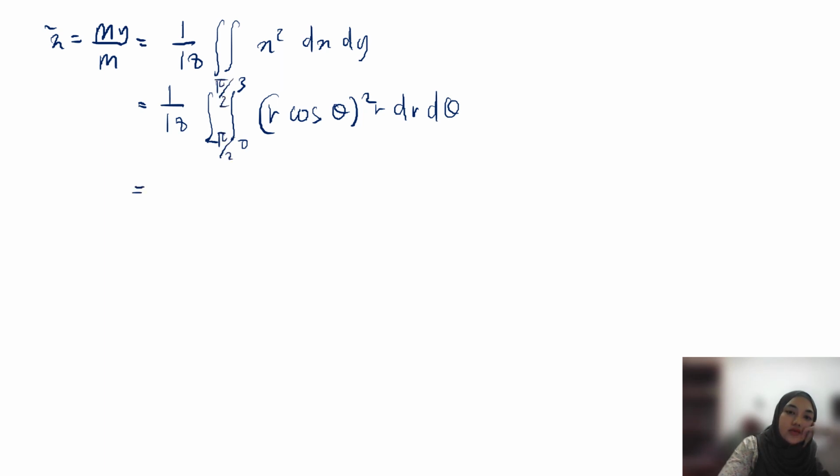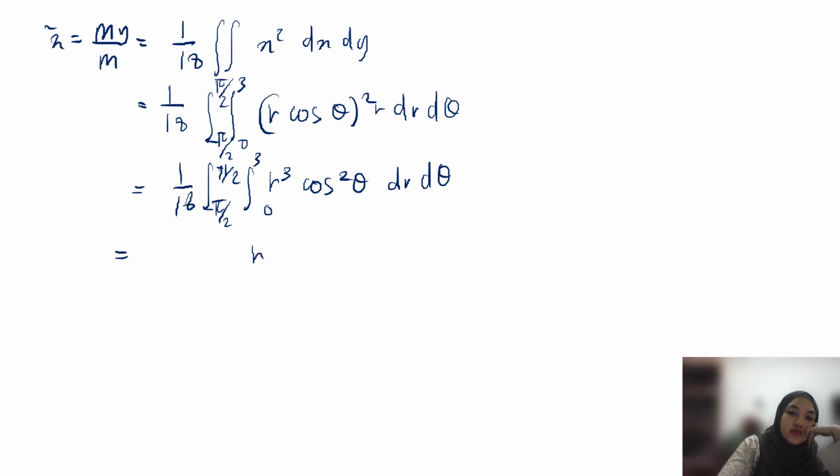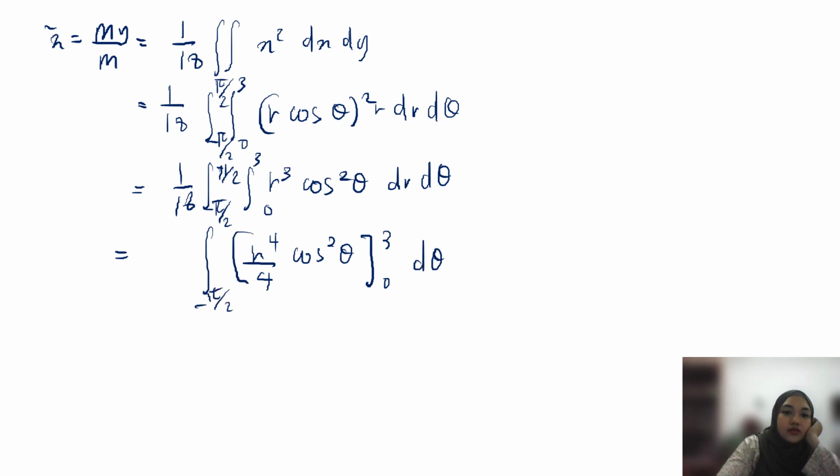So this one you can integrate with respect to r, but you have to simplify first: r cubed cos squared theta dr d theta, r from 0 until 3, theta from negative pi over 2 to pi over 2, times 1 over 18. After you integrate, you will get r to the power of 4 divided by 4 times cos squared theta. So you substitute 0 until 3, d theta, pi over 2 to negative pi over 2, times 1 over 18.